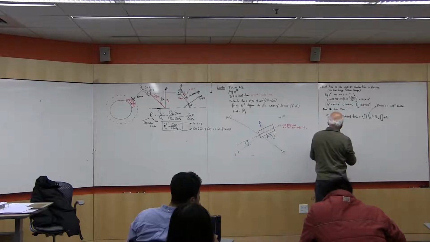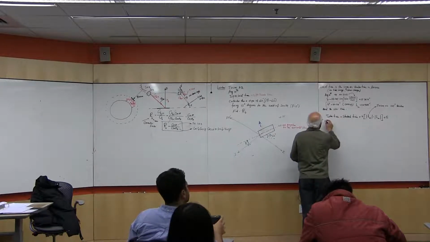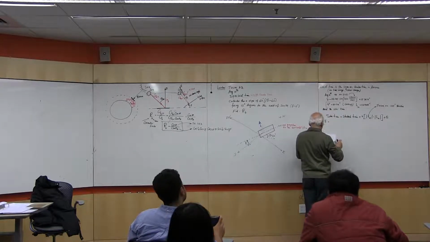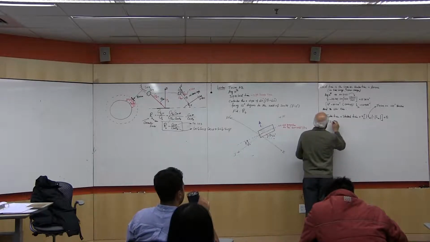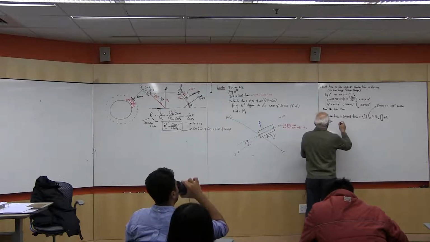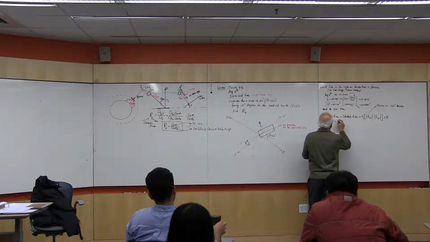And now we can substitute if we can find E. For E, we are going to use the formula 292, the correlation 292.2.